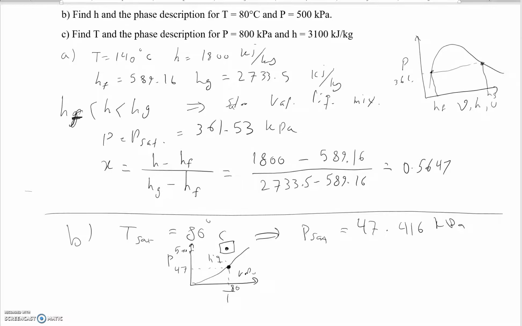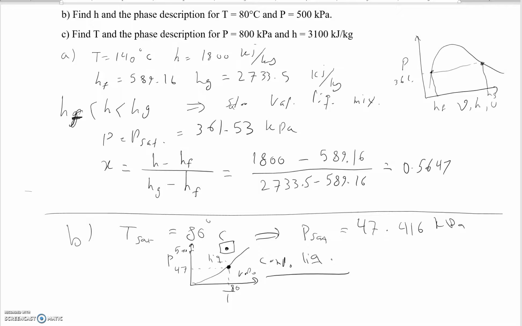Remember this. So our phase is compressed liquid, and this is the phase description, right? Here is liquid, here is the vapor. If our pressure was less than this saturated pressure, then we were in vapor phase, right?